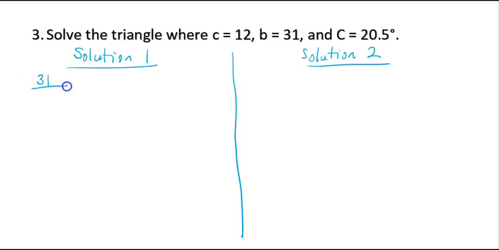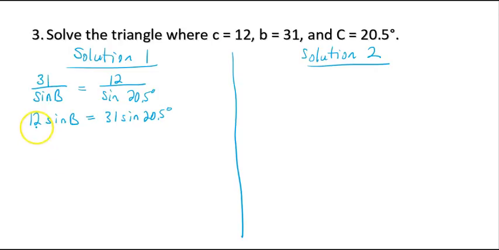The side B over the sine of angle B is going to equal side C over the sine of angle C. Cross multiply, so I get 12 sine B equals 31 sine 20.5, and then if I type in that 31 sine of 20.5, I get 10.85.